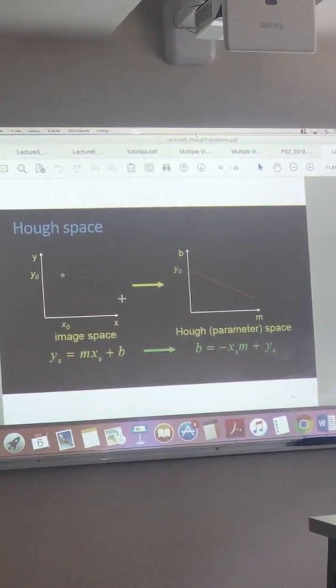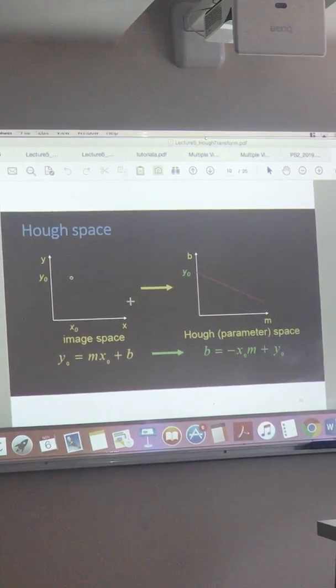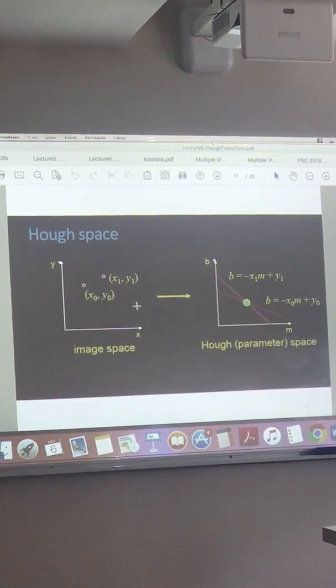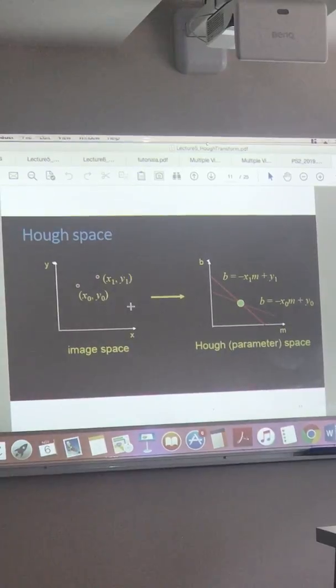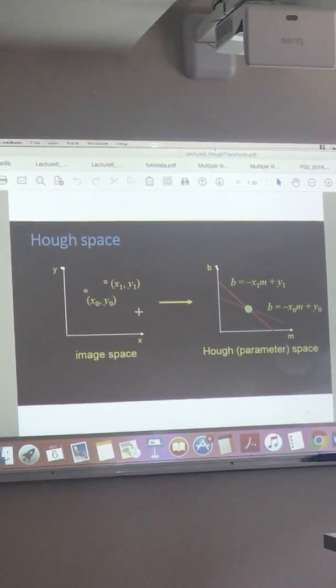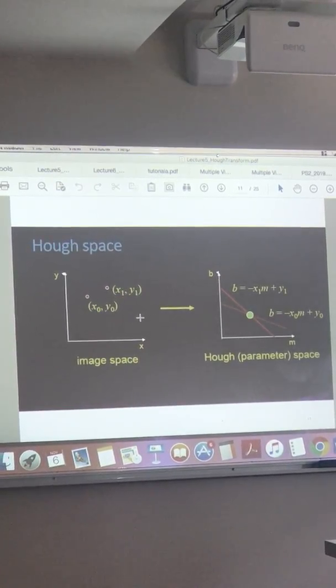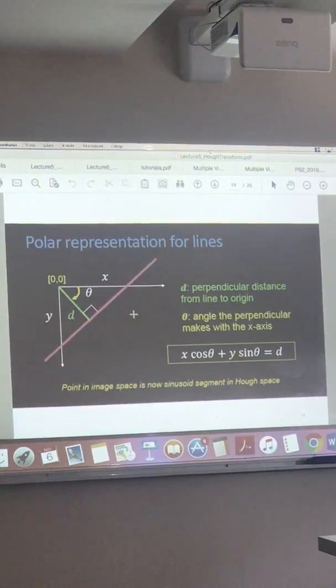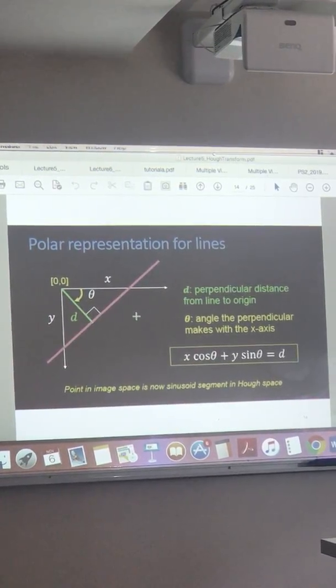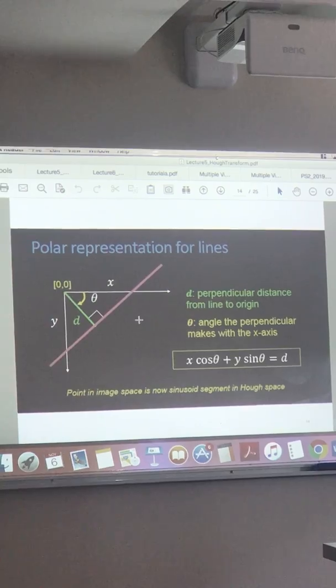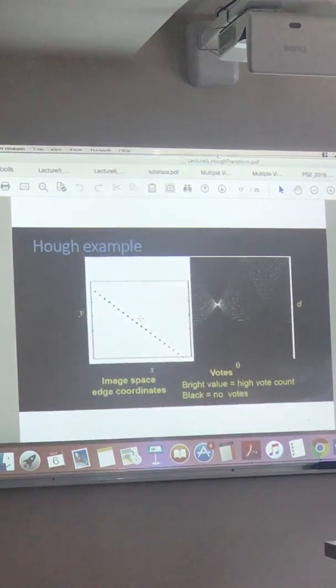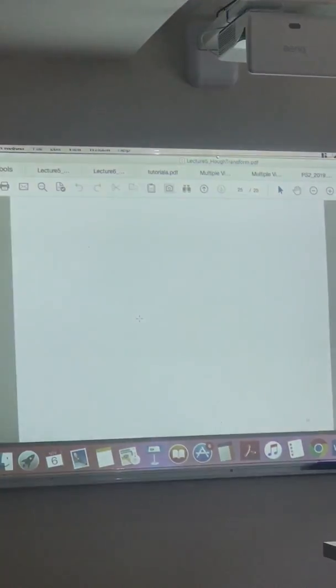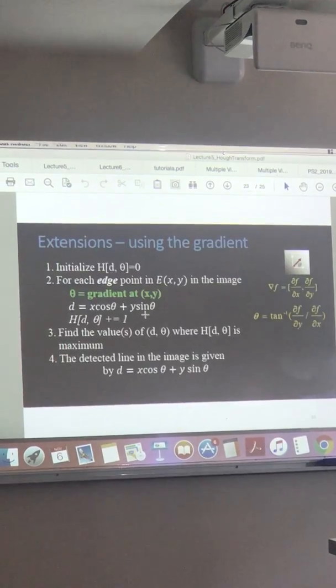So learn about both of these. These things are important, and as you will see in the second problem set, there is an example on this one as well. So learn about this: how to transform the linear one as well as the polar representation one.